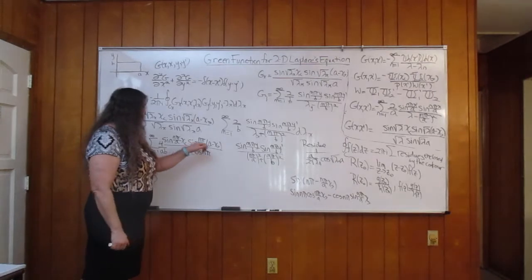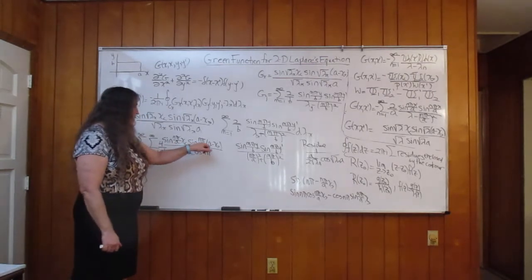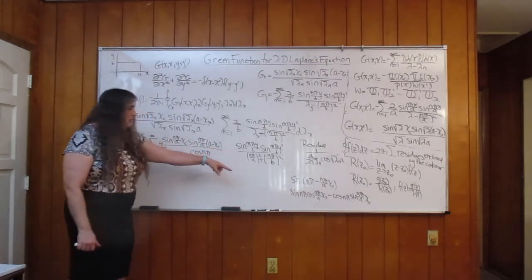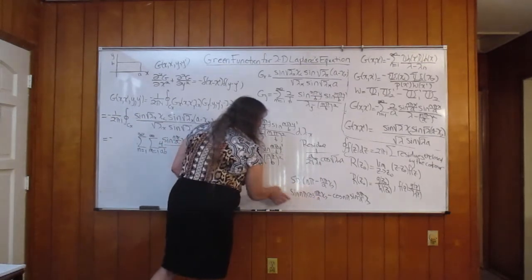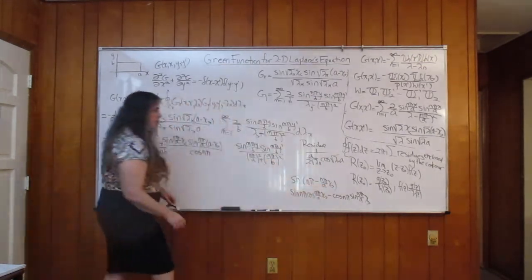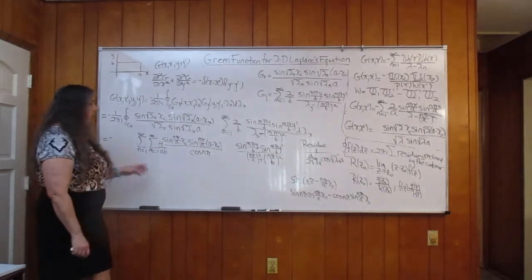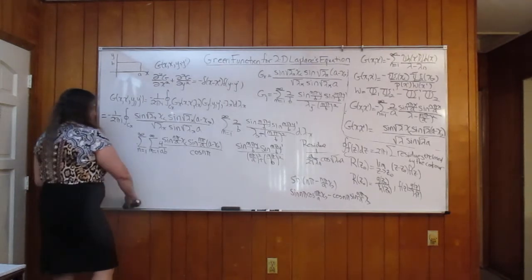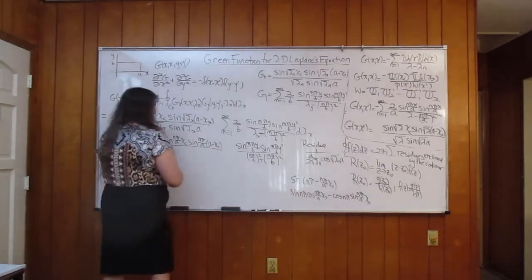And again, one last factor that we need to worry about. This is sine n pi over a times a minus x greater than. We just worked that out, this term is going to be 0, and that's going to be equal to minus cosine n pi sine n pi over a x greater than. So that minus sign cancels out with this one out in front, and the cosine and pi's cancel each other out as well.